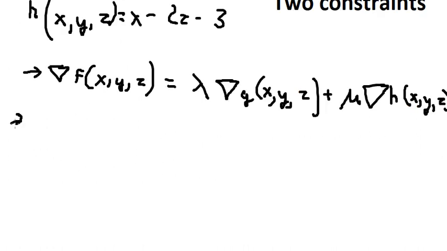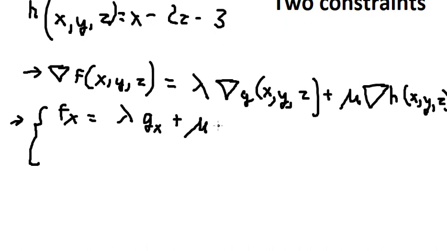Now in this one we have three equations, first the derivative of x with respect to x. So we have lambda, and we have gx, and we have mu hx. Now we go to y and z.